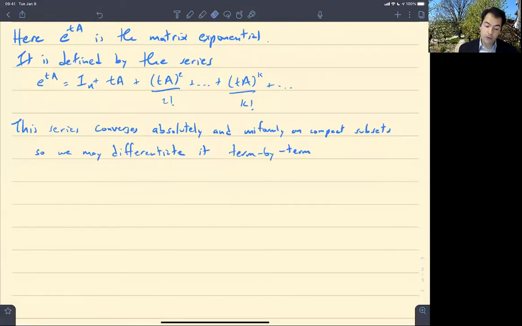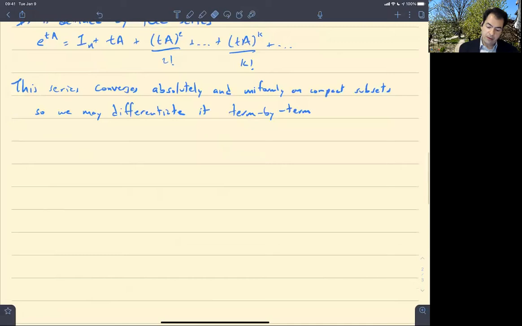That means that we can compute the derivative with respect to t of this exponential by taking the derivative with respect to t of each term and then adding up what we get. So the derivative of the identity matrix with respect to t, of course, would just be 0.